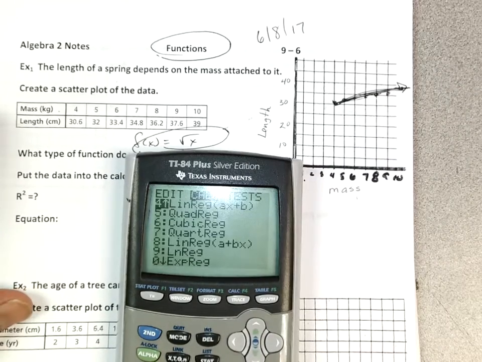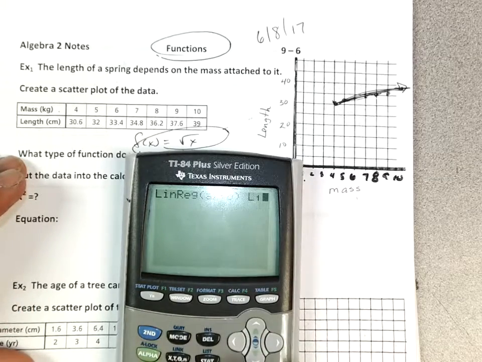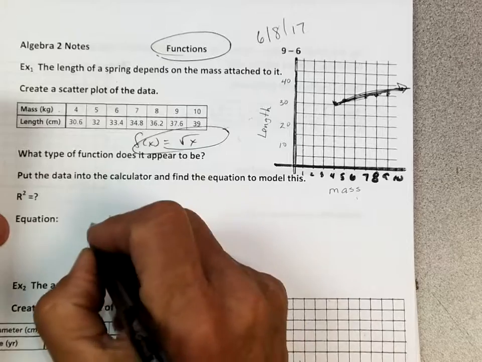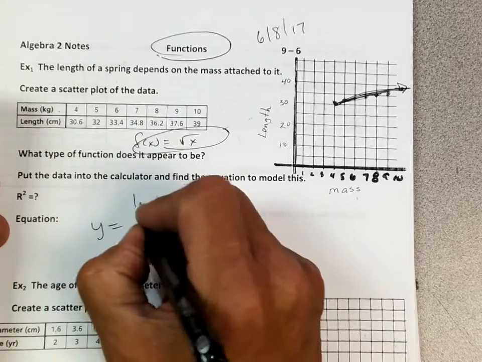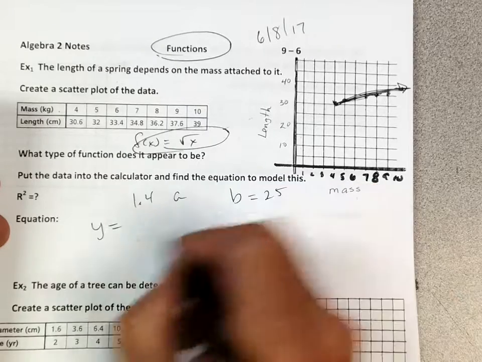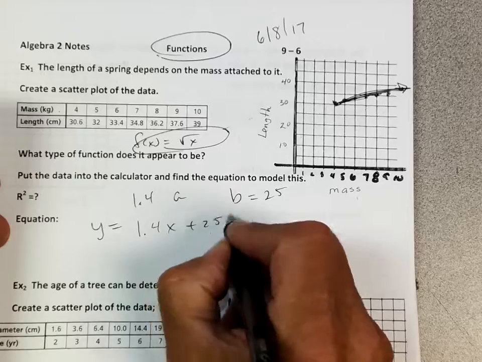I'm going to go linear regression, L1, comma, L2. So I get an answer. Oh, okay, that worked out pretty good. So the equation y equals, I get a 1.4 for a, and b is 25. I'm going to get 1.4x plus 25, all right?